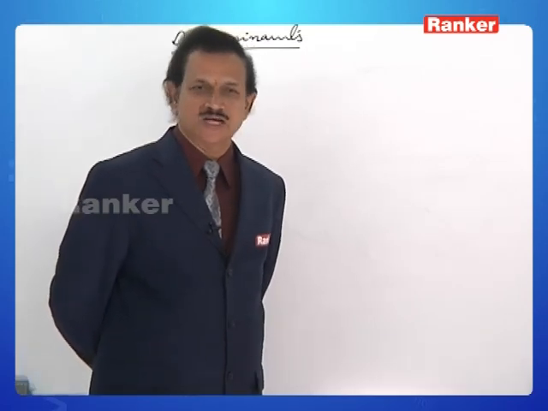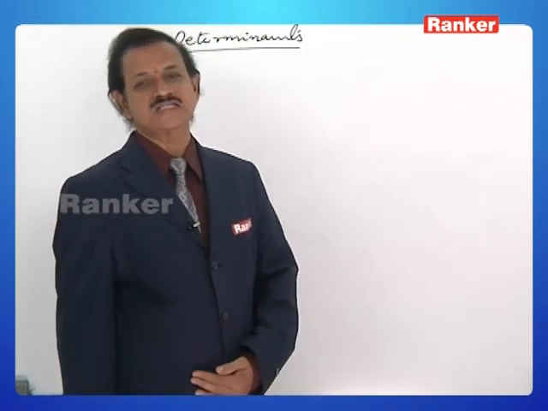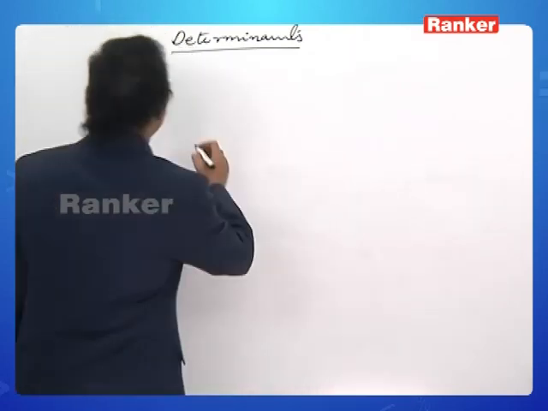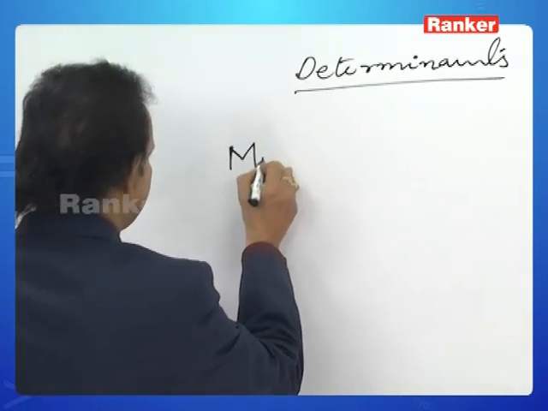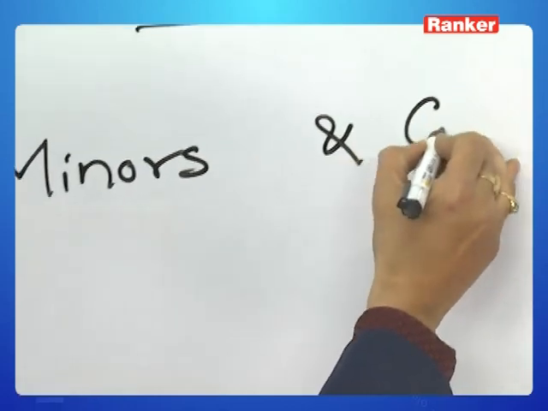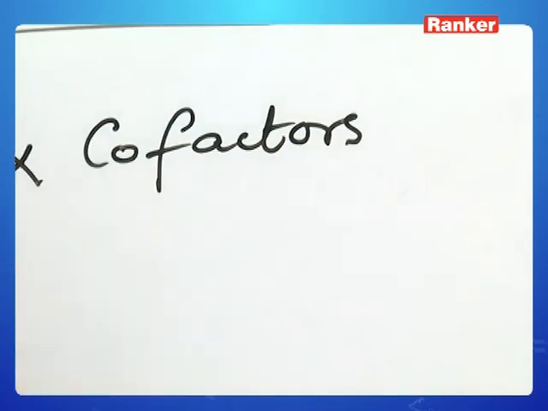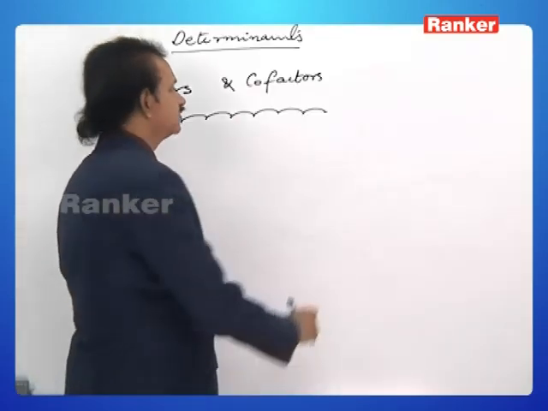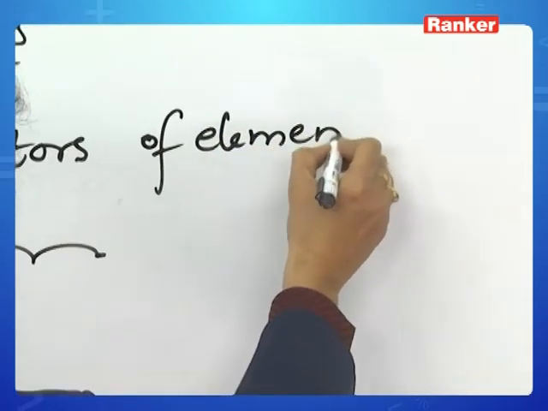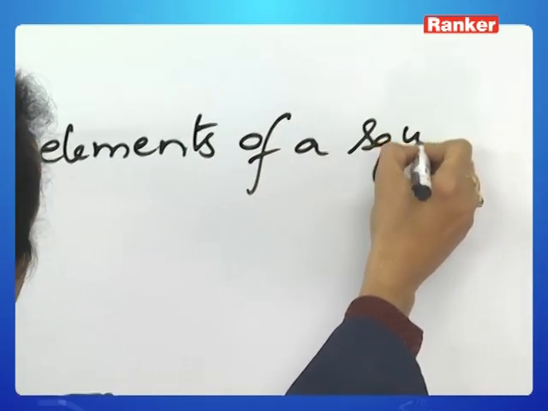And for that, we need two more new concepts, namely minors and cofactors. Minors and cofactors of elements of a square matrix.